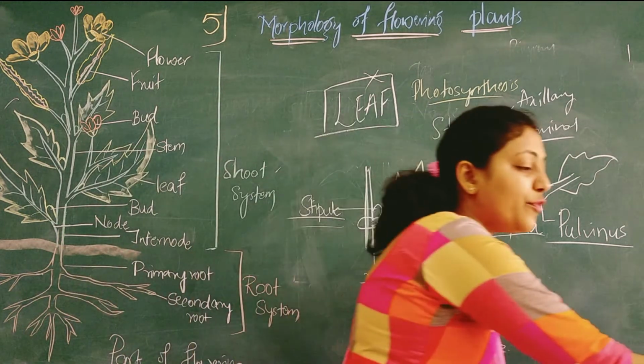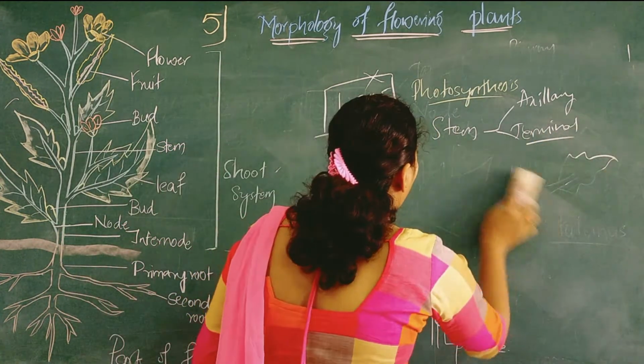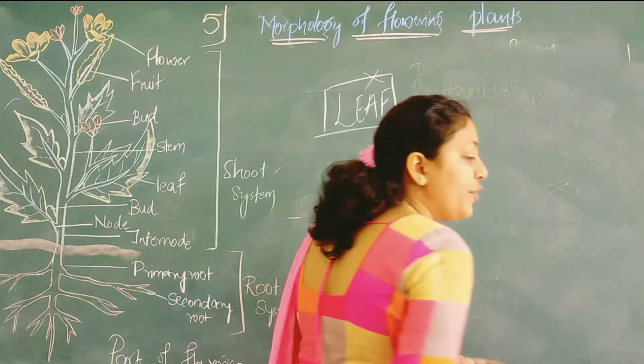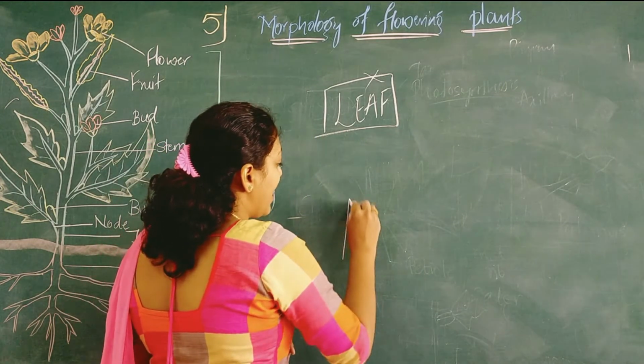When we come to the venation in case of a leaf, depending on a monocot and a dicot plant, we have two different venations in case of leaf. I'll draw one over here.